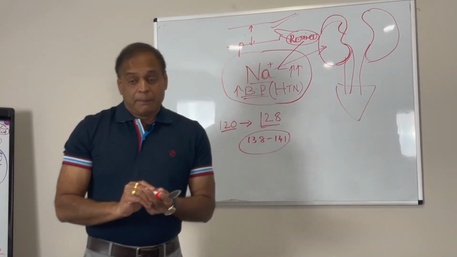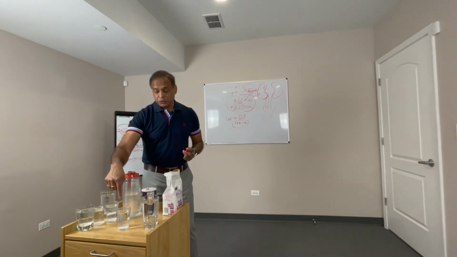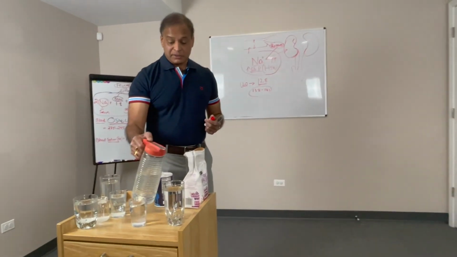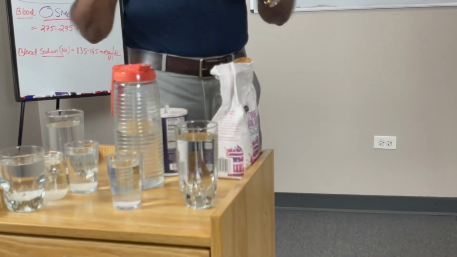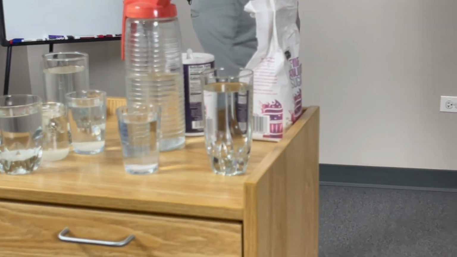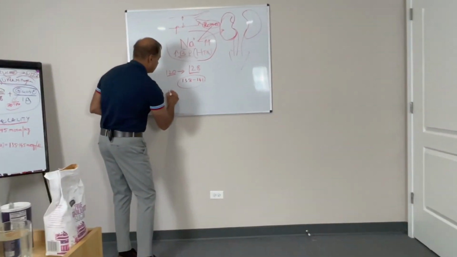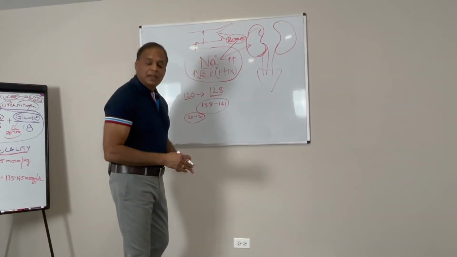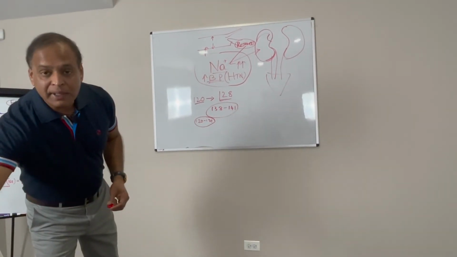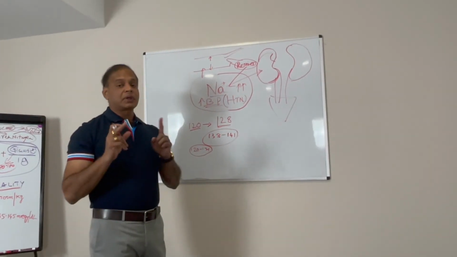Now, if I give the same salty soup, but I add a lot of water and make it very dilute, and they drink more water along with it, the blood pressure will not go up. The blood pressure will probably stay 120, 121. So the point that I am trying to make here is, it is not about the quantity, it is about the concentration.